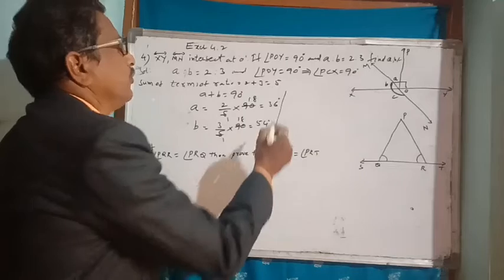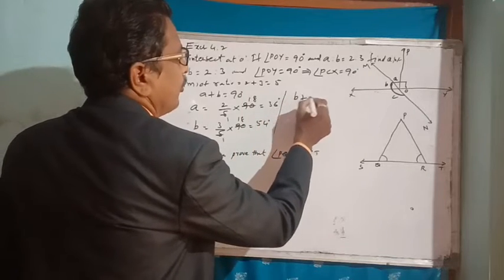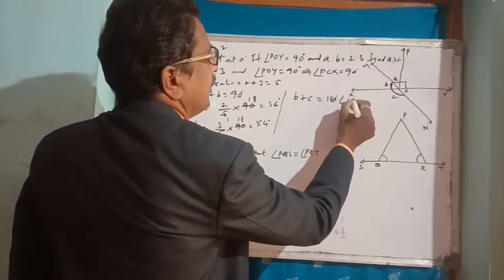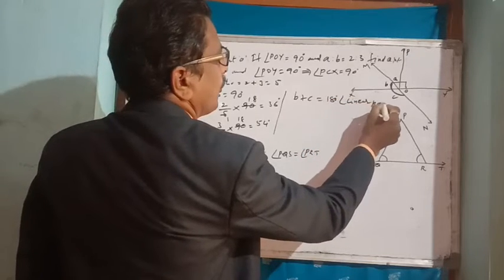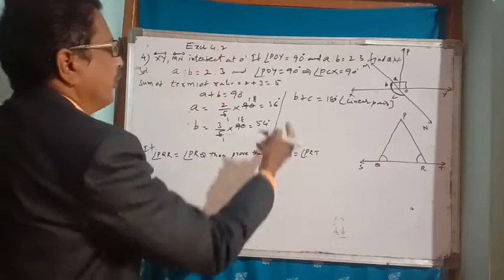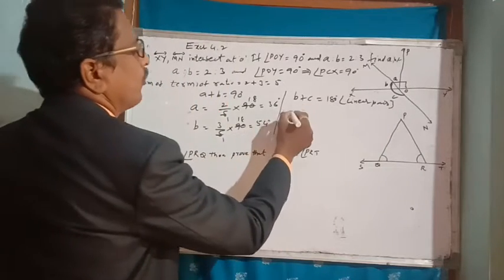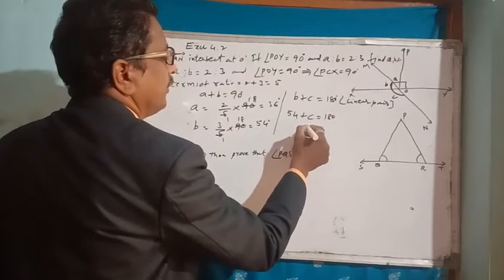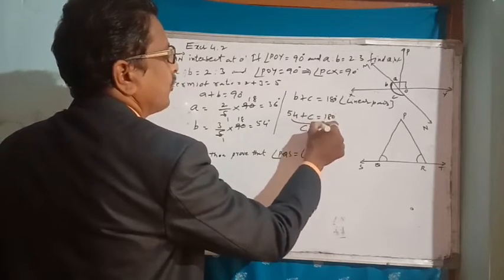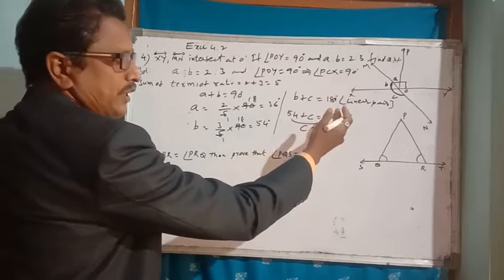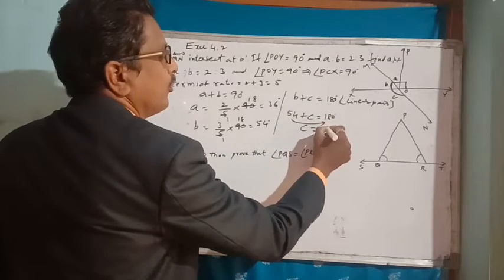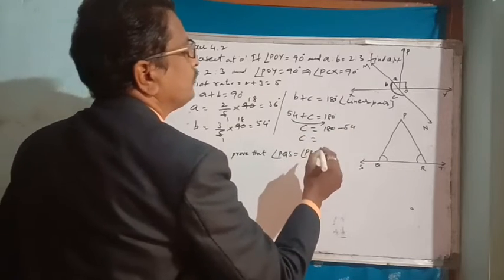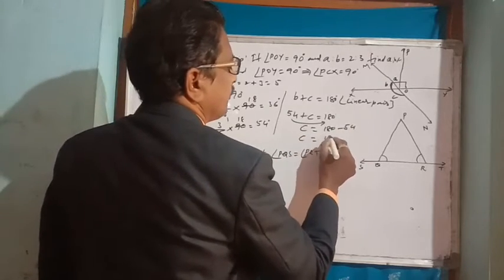So here B plus C equals 180 degrees. But here B equals how much? 54. 54 plus C equals 180. Then C equals 180 minus 54; the left side quantity goes to the right side and becomes subtraction. C equals 126.